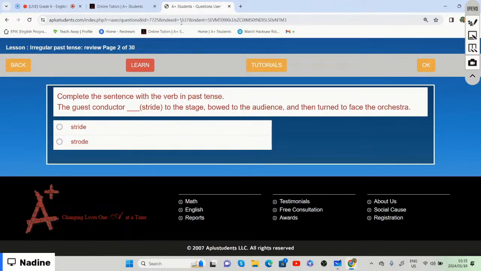The guest conductor, do we say stride to the stage or the guest conductor strode to the stage, bowed to the audience, and then turned to face the orchestra? So the guest conductor stride to the stage, bowed to the audience, and then turned to face the orchestra.